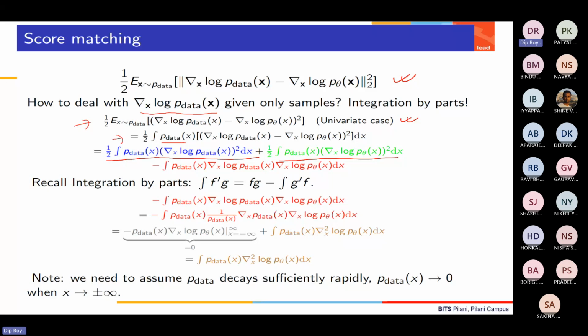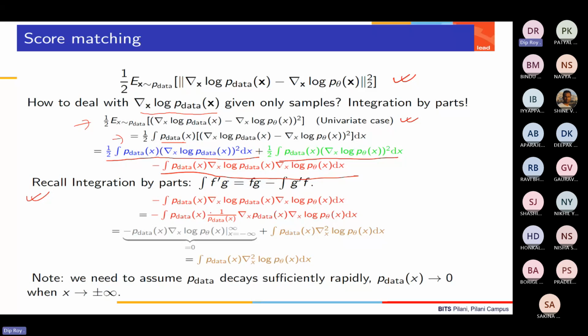This red part is the one which is basically the culprit. Okay, because here you have the gradient of log of p data, which is difficult to calculate. So what we do is we use high school calculus, which is integration by parts.